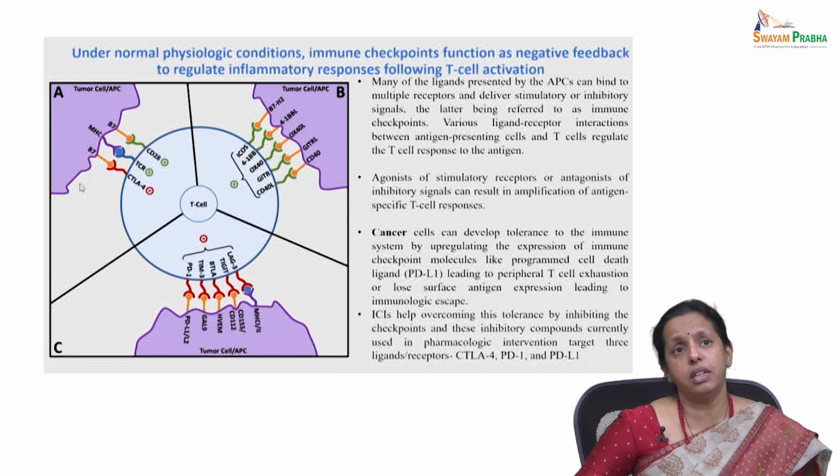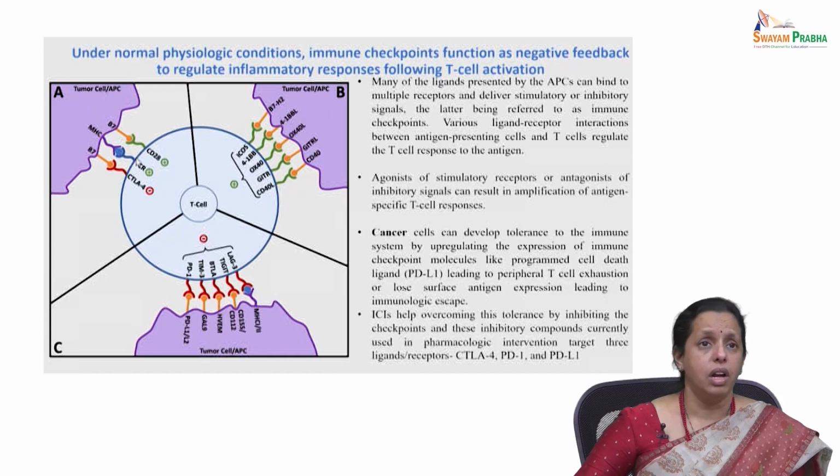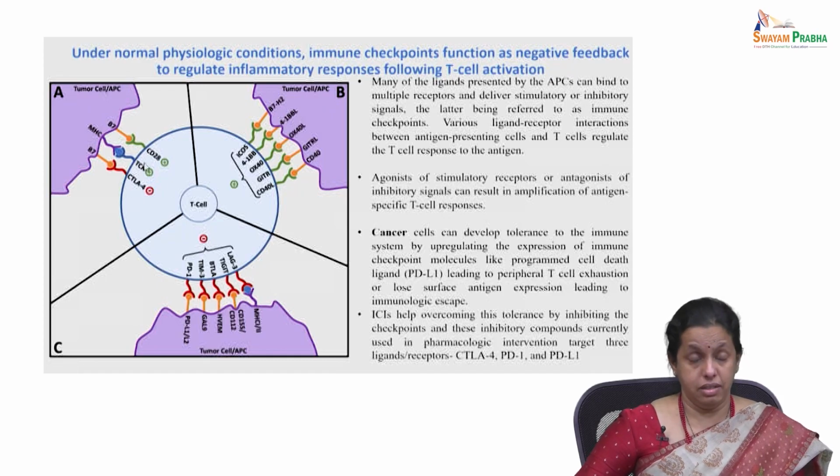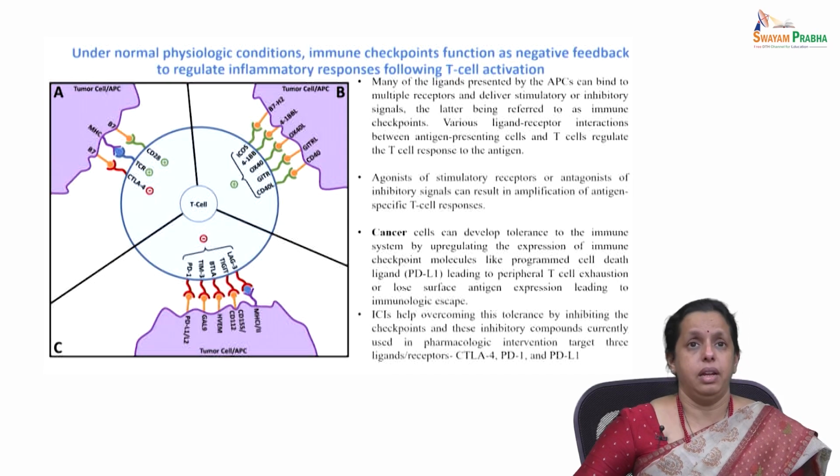These inhibitory signals are referred to as your immune checkpoints, which we will see in the next slides. Antagonists of your inhibitory signals will result in a cascade of amplification of your specific T cells.